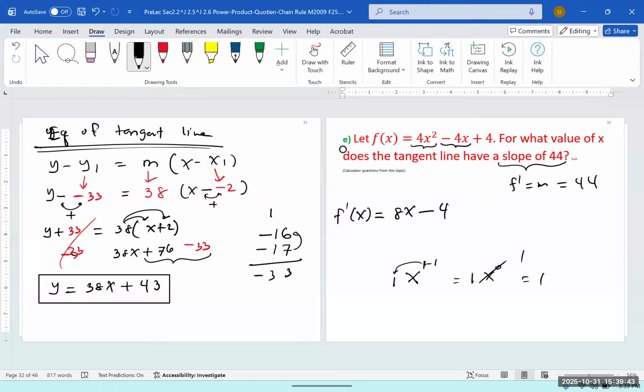This is actually a rule. Remember, d/dx of mx plus b is m. So same thing here: what's the derivative of negative 4x plus 4?